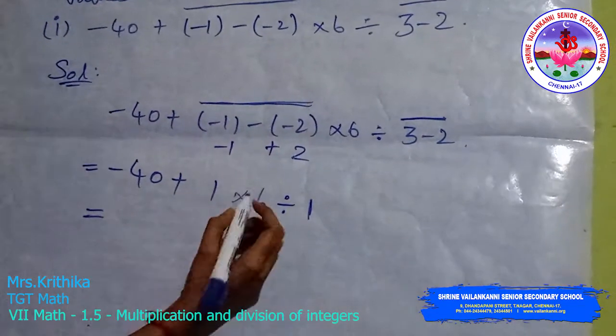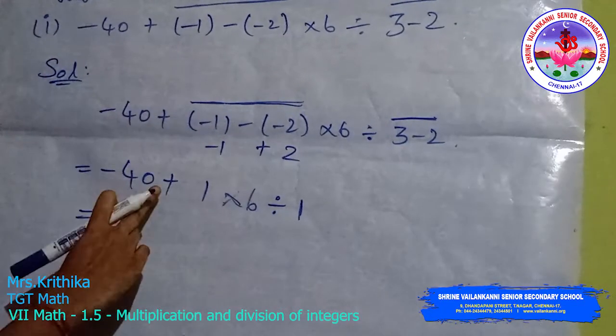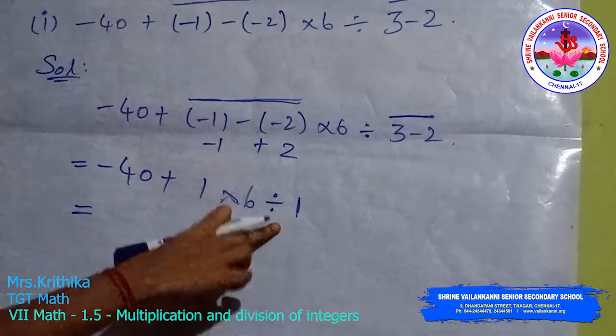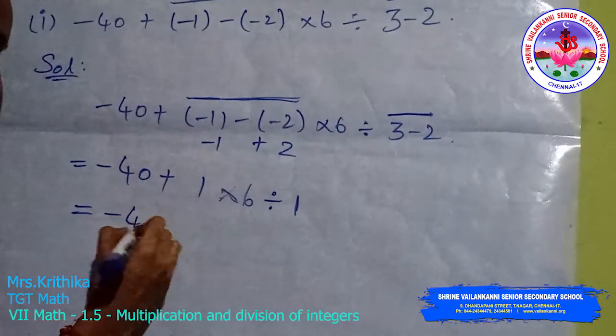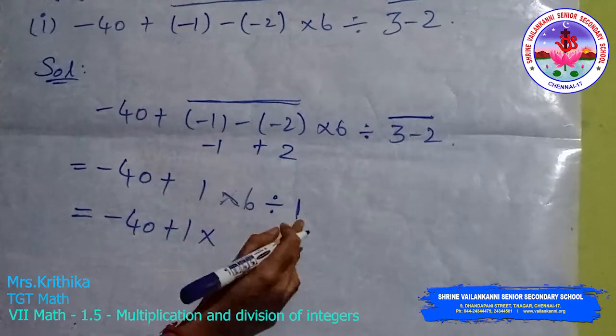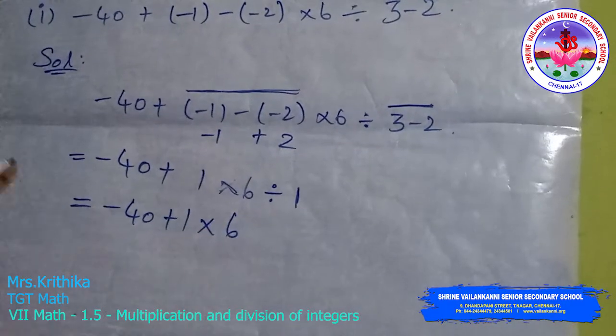Next, the next priority goes to addition, multiplication and division. The first priority goes to division. Minus 40 plus 1 into 6 divided by 1 is 6.